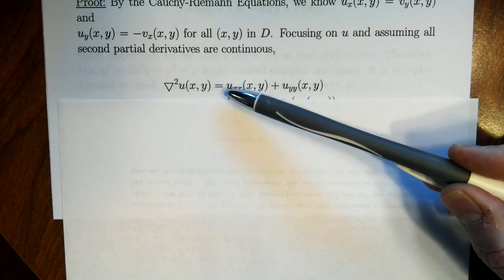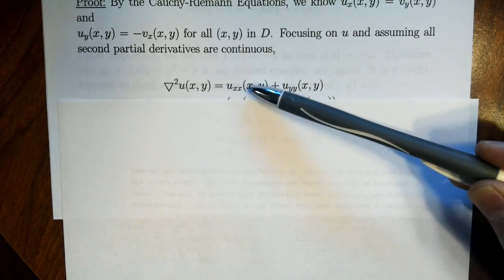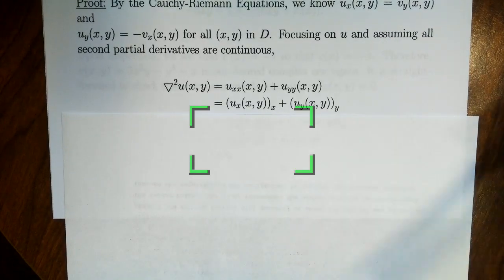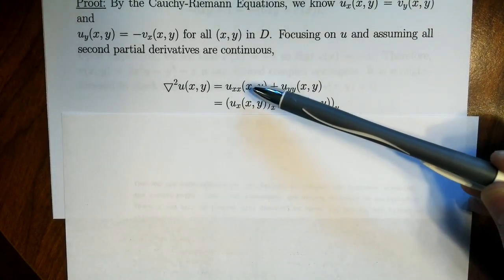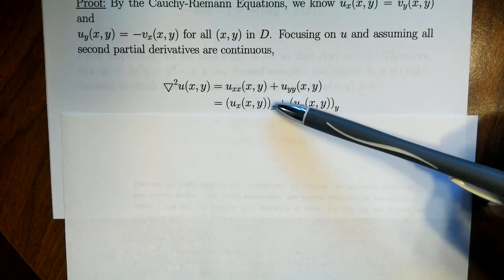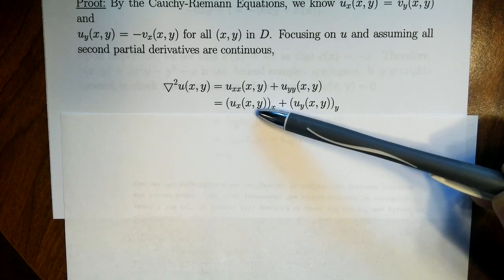The Laplace operator of u is defined to be the sum of the two unmixed second partial derivatives. When we take the second partial of u with respect to x, that's the same as taking the partial with respect to x of the first partial with respect to x.